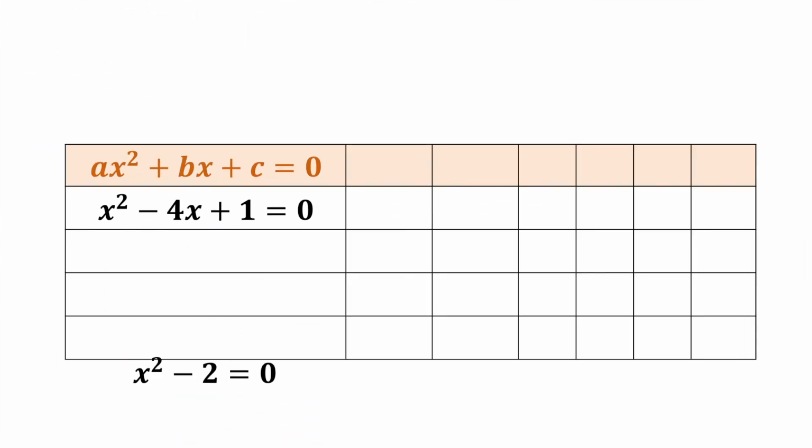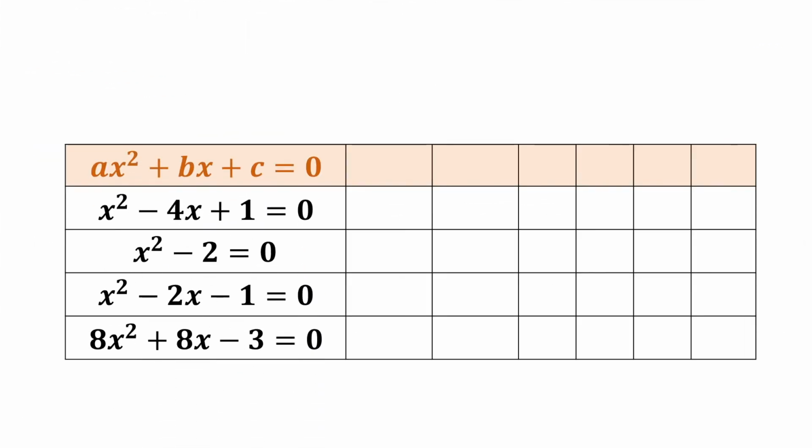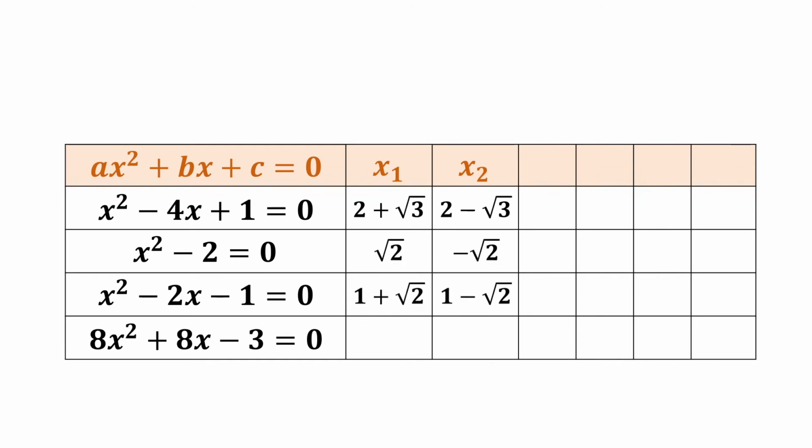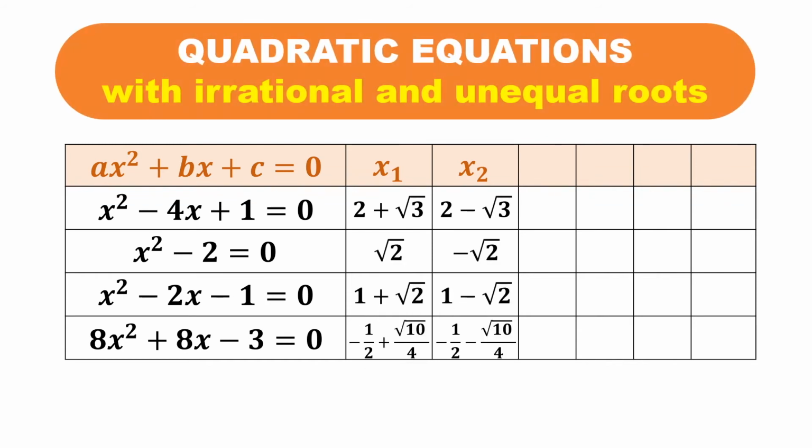Here is another set of quadratic equations. Each quadratic equation is in standard form. If you will solve for the two roots of each of these equations, you will see that the roots are both real, irrational, but unequal.